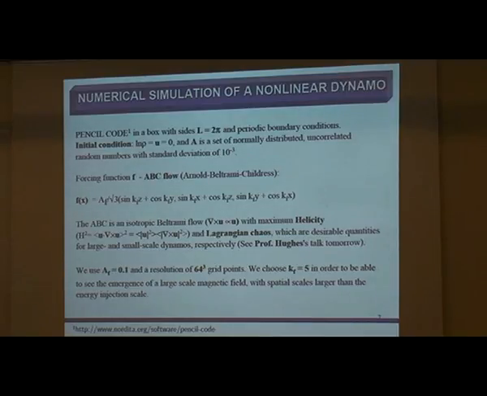It is 2 pi periodic, and the amplitude of the forcing is chosen in such a way as to keep the Mach number below 0.4, I think, in this case. So it's weakly compressible, and that enables me to use a low resolution. Is this resolution big enough?